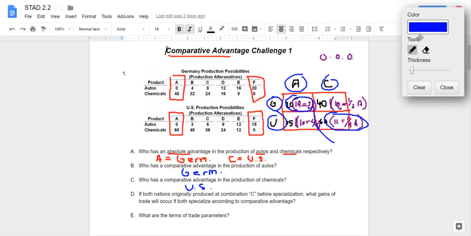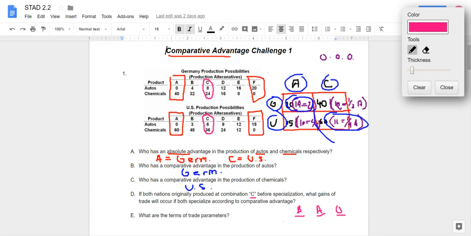Okay, now the next question is asking about gains from trade. It says, if we originally started at combination C, both nations did, what gains of trade have occurred? So what it's saying is we used to be right here before specialization, right? So now what we have to do is we have to do our before and after. So I'm going to put B and after, and then I'm going to put G for gains, okay?